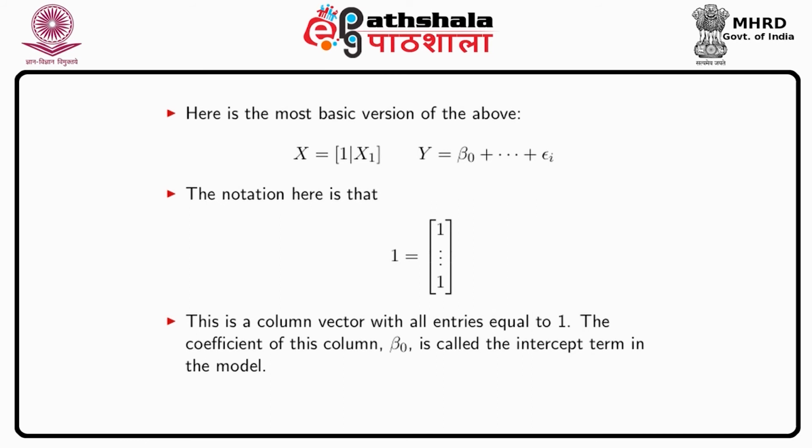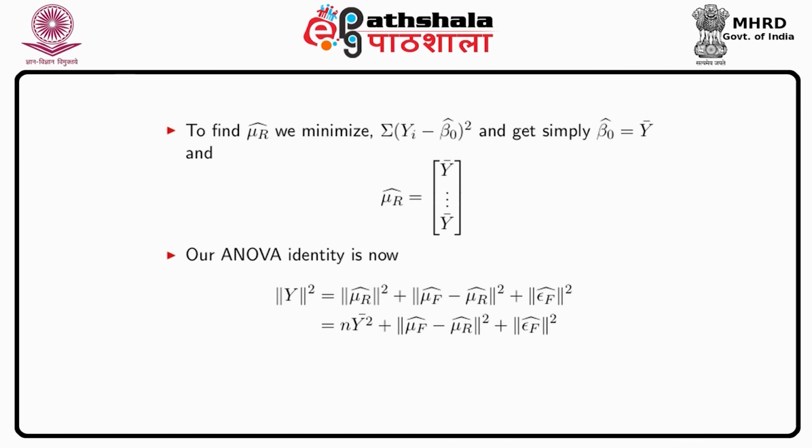So 1 is a column vector with all entries equal to 1, with as many entries as the order of the X matrix, and the coefficient of this column is beta 0, which is nothing but the intercept term in the linear model. Now to find mu r hat, we minimize the summation of yi minus beta 0 hat squared and get simply beta 0 hat equals y bar, or the mean of y, which is what we get when we find the estimate of beta 0 by the method of least squares.